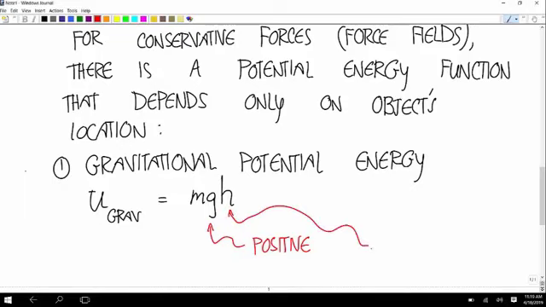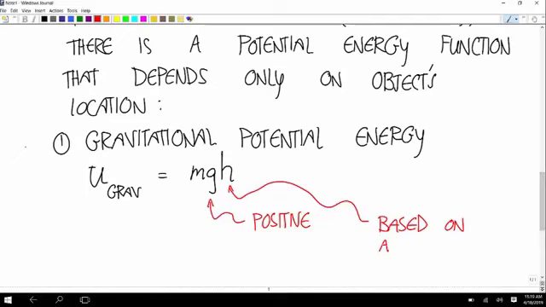if you think about that for a second, you're like, well, what are we taking the height relative to? The top of the table, or the floor, or the center of the earth, or the center of the sun, or the center of the galaxy? You know what I mean? There's not really an obvious choice for your zero height. That h is based on an arbitrary zero height, as long as you use that for the entire problem.